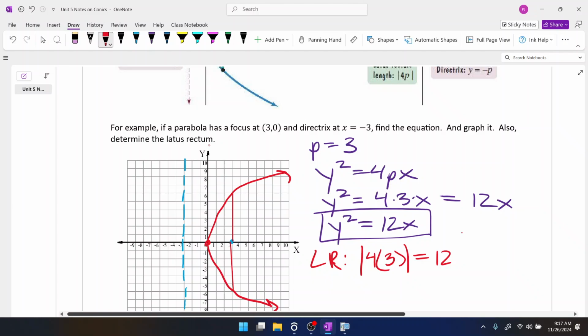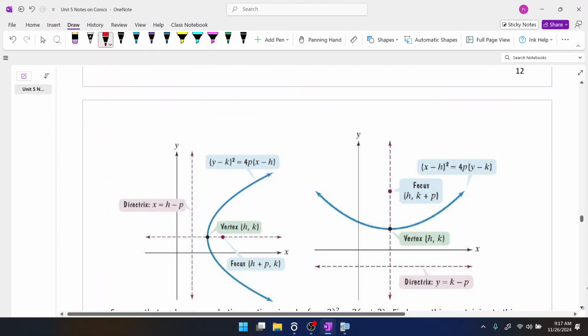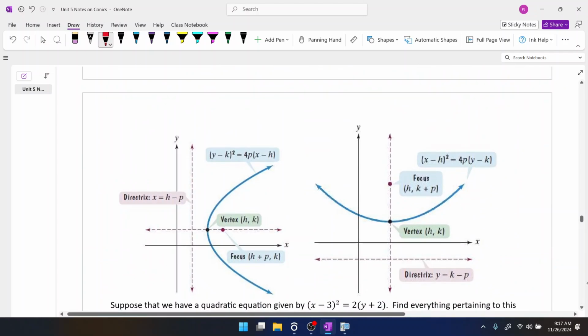So what we're going to do now is change things up a little bit. We're going to move the vertex away from the origin. And here's a good thing: the vertex is still going to be (h, k) no matter what, h being the x coordinate and k being the y coordinate of the vertex.